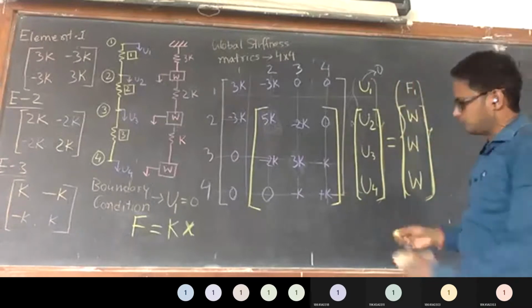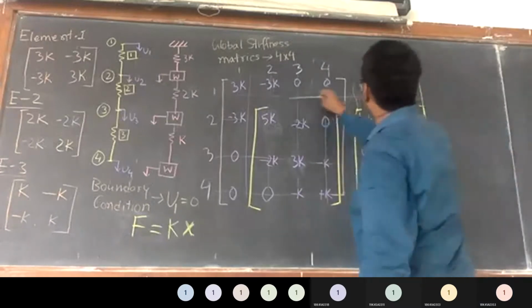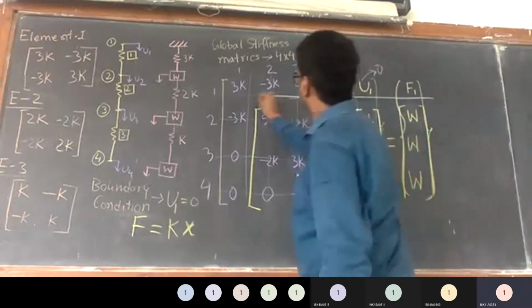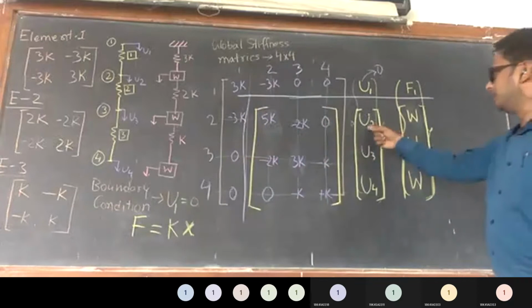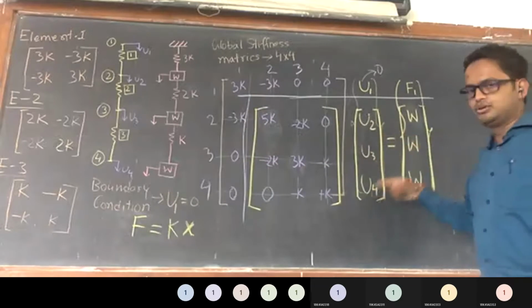Forget about the topmost point. I will make a line over here. Now you have to solve this, and you will get U2, U3, U4.